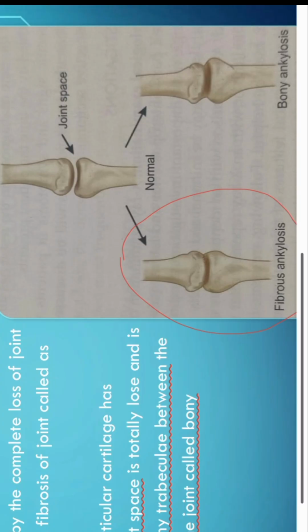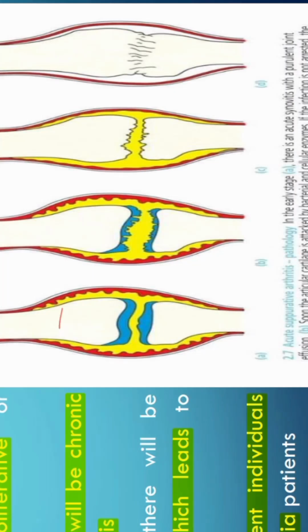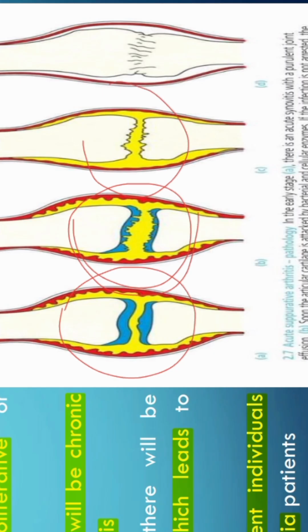Look at the structure. It is fibrous ankylosis. It is bony ankylosis. It is the total fusion of the joint. There is no chance of any movement. Surgery is a must. Okay. At the early stage, there will be only synovitis, joint involvement and synovitis. After that, there will be destruction of the articular cartilage in the joint.